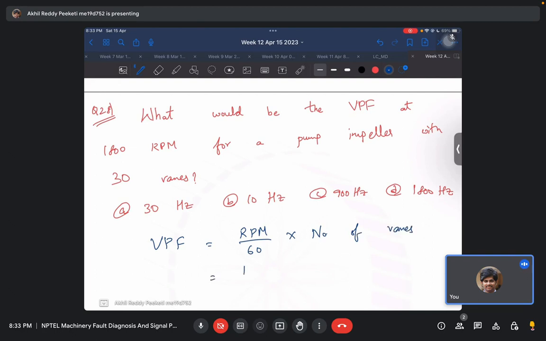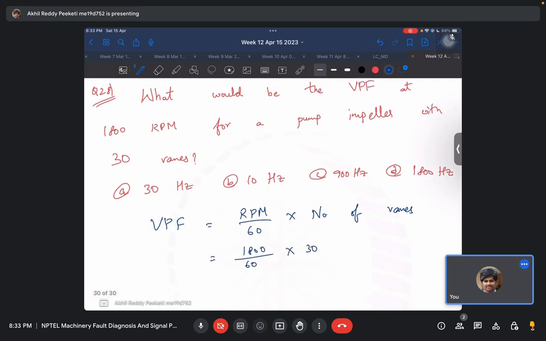So RPM here is 1800 by 60 and the number of vanes is 30. So the vane pass frequency would be 900 Hz. Okay. So this is how you can estimate the vane pass frequency.